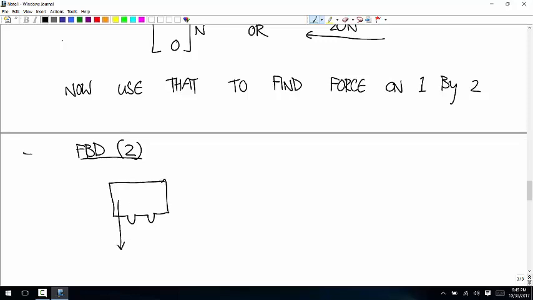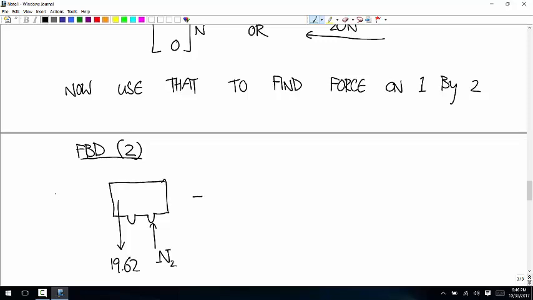There's a weight of 2 times 9.81, 19.62. There's a normal force, N2. On the right side, there's that contact force that's applied by the 3 kilogram.